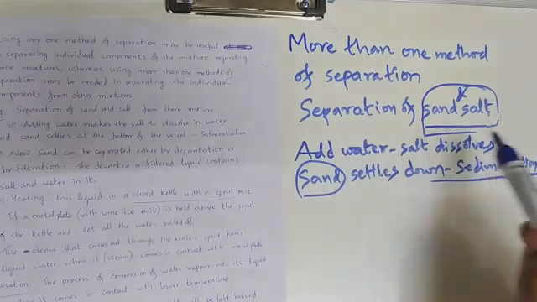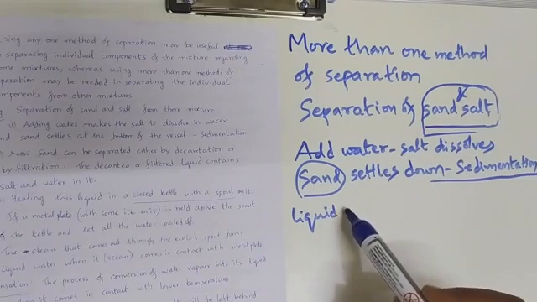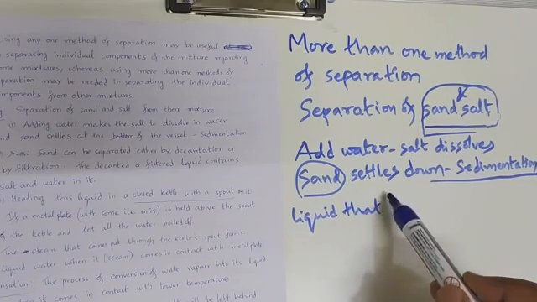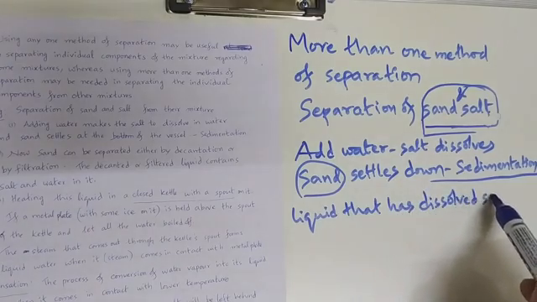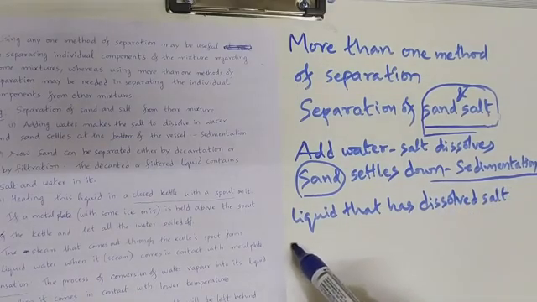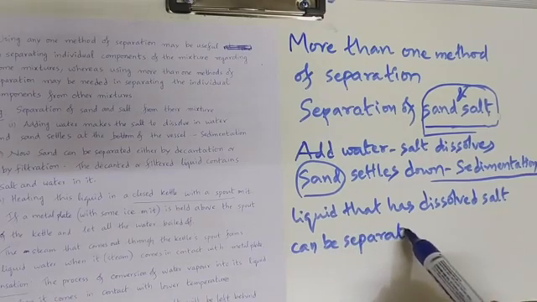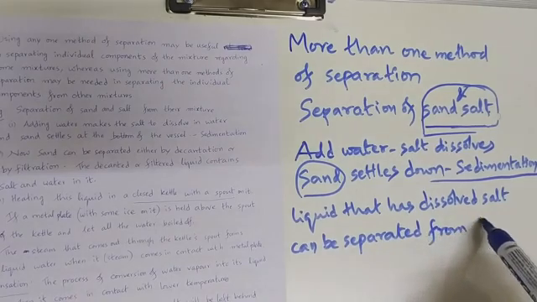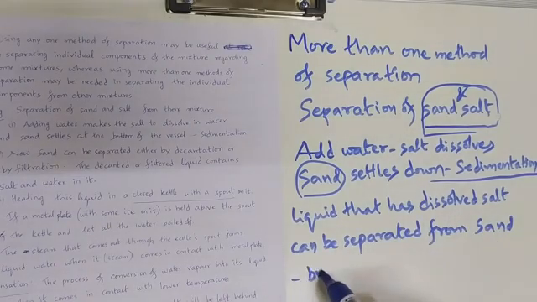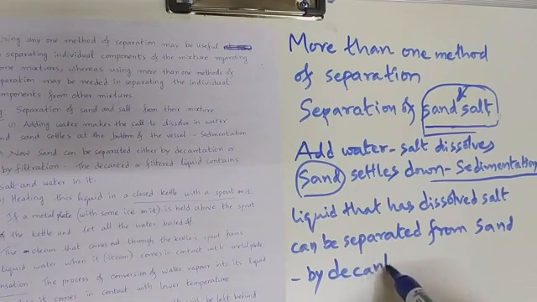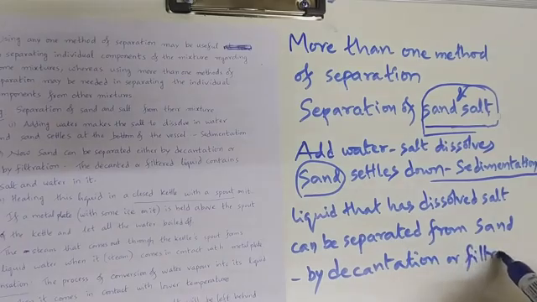Now, sand can be separated by decantation or filtration. Means the above liquid that has dissolved salt in it can be separated from sand, or sand can be separated from the liquid that has dissolved salt in it by decantation or filtration, right?